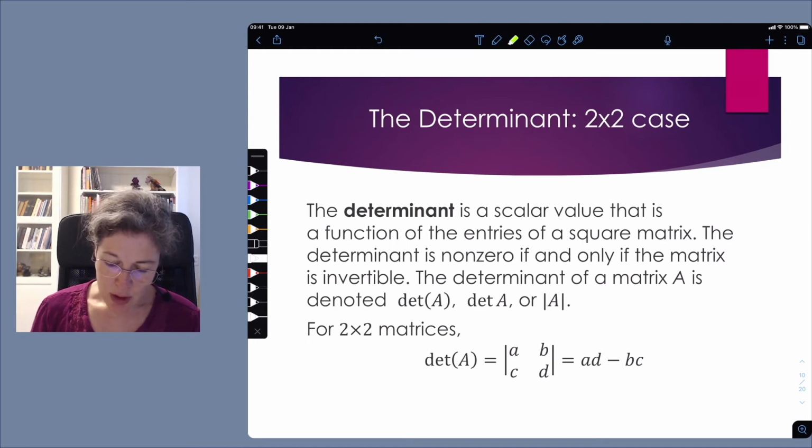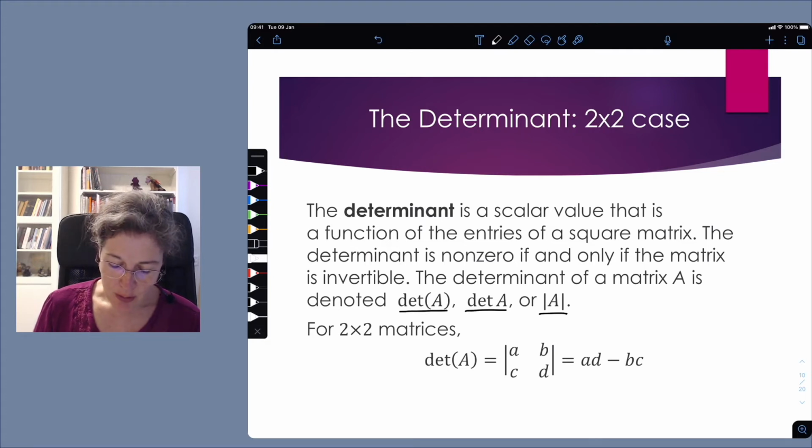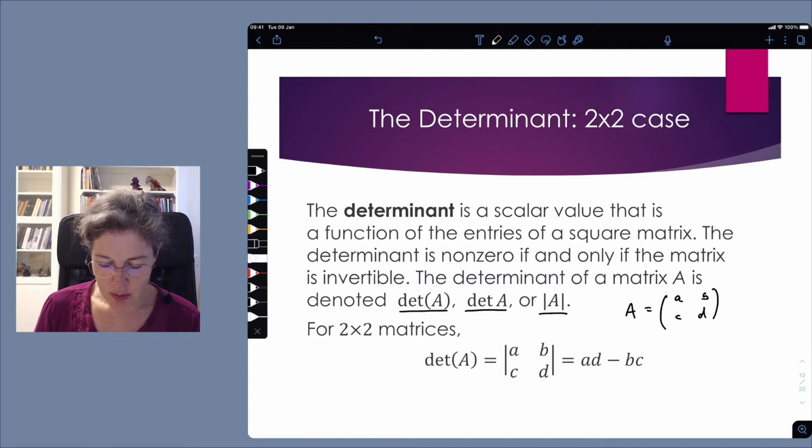So the determinant, there's different notation that gets used. Usually det A, or without parentheses, and sometimes you will see the little straight lines. That's more used when you're actually writing out a matrix. So for example, if I have a matrix A that we've seen a lot of before, A is equal to A, B, C, D, I would write it like this.